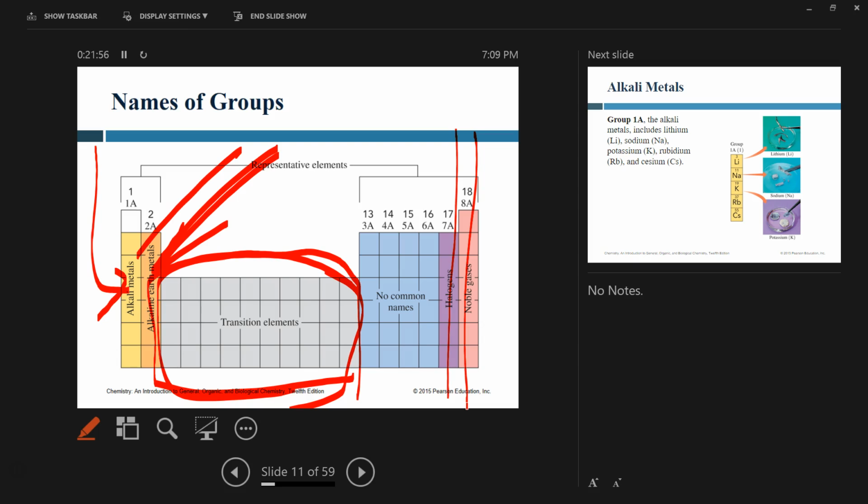Like sodium chloride. Does that make sense? Like table salt. And the last group, the 18th group, are noble gases. They're called noble gases because they do not react with anything. Well, under normal circumstances. Okay? You can buy noble gas in Party City. It's called helium.